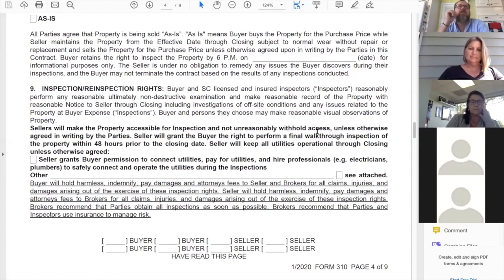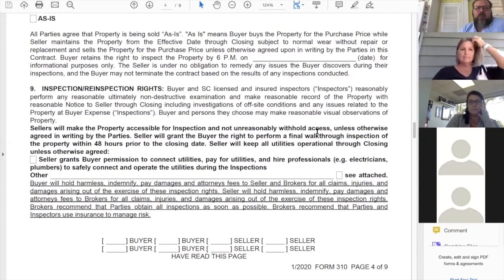So this is where it gets interesting, because it says the seller will grant the right to perform a final walkthrough inspection of the property within 48 hours prior to the closing date. It just says it can be within 48 hours. It does not say, however, that if at 47 hours prior to closing you do the inspection and they're not done, the seller is in breach.